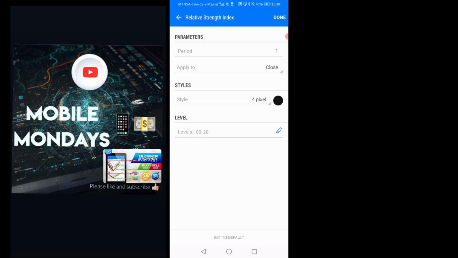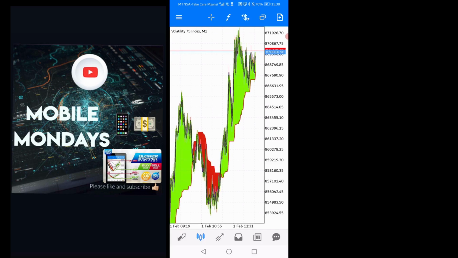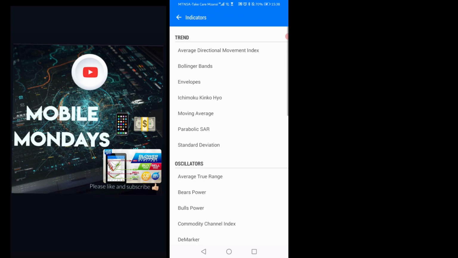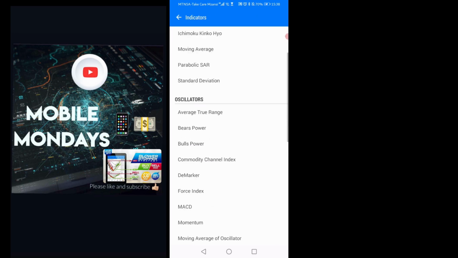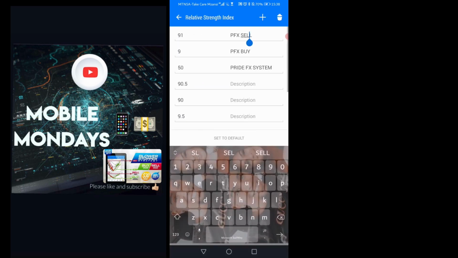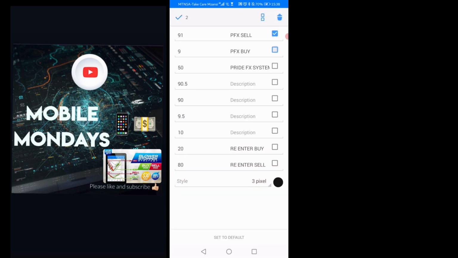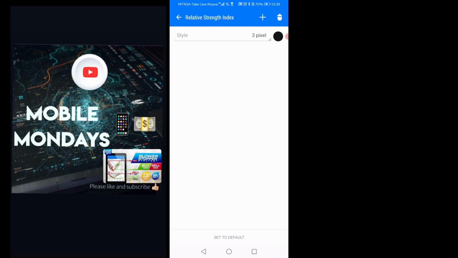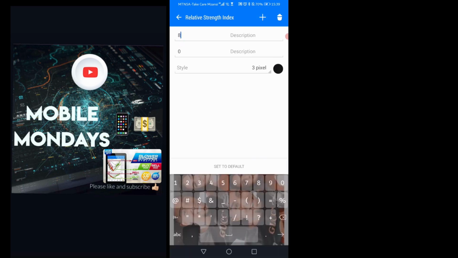Once we go back and click on done, it's not added, but what we can do is re-enter it onto our chart. So it's Relative Strength Index, and we delete all these ones. This is how it's supposed to be, and we add 80 and we add 20.